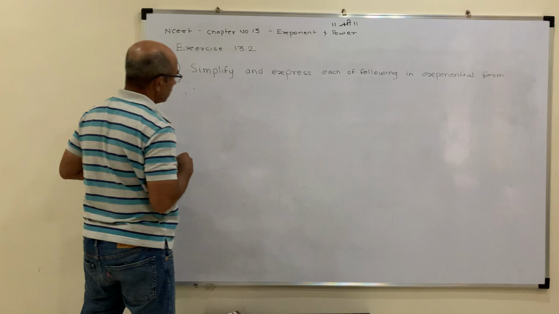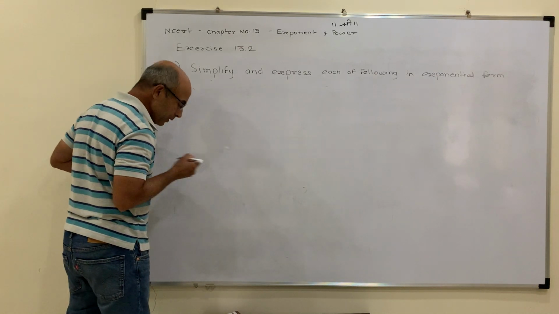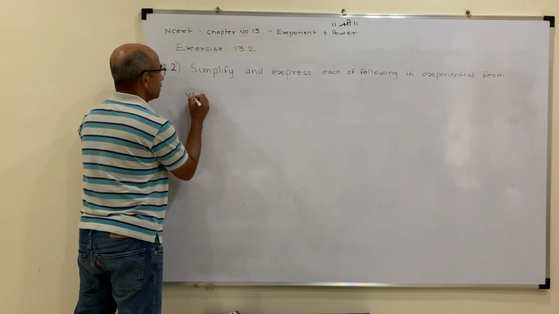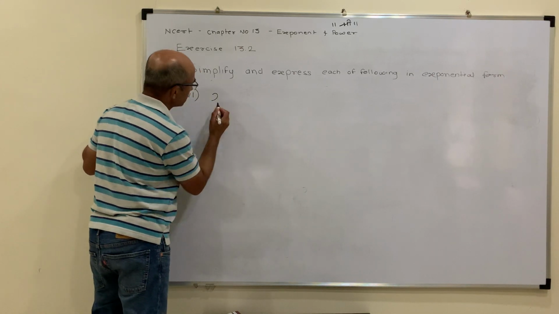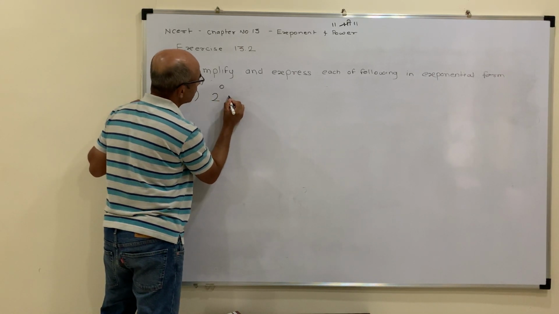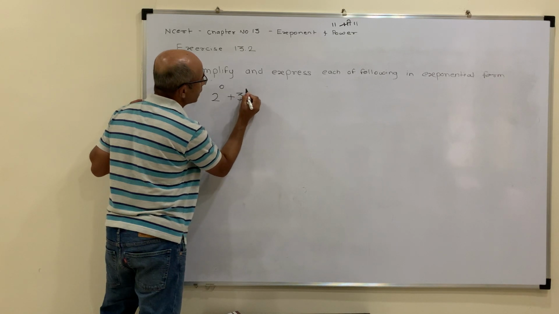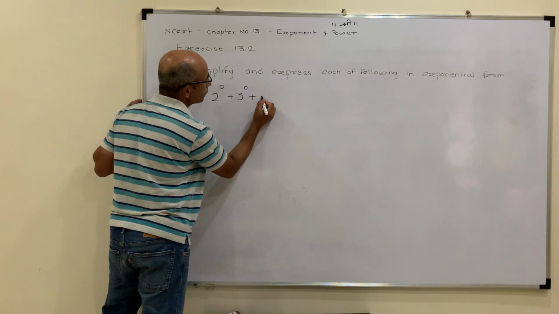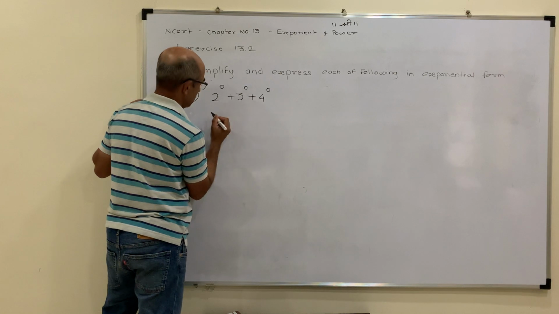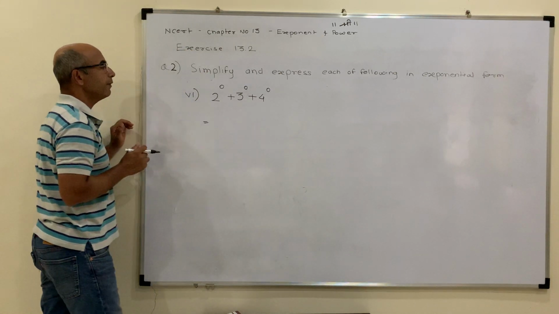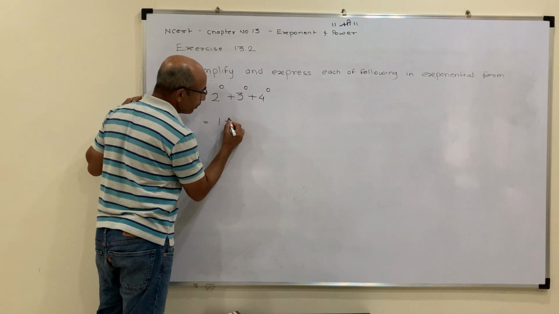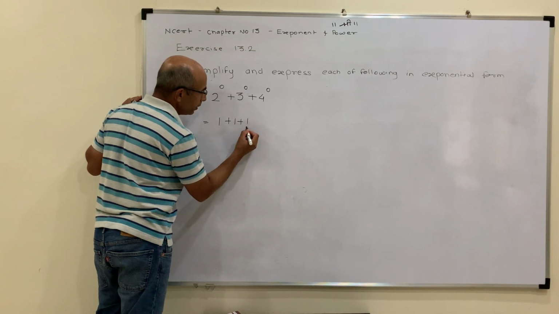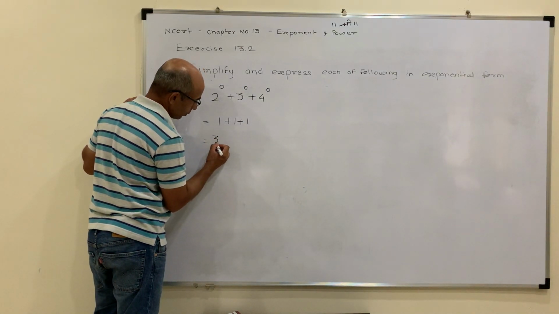Now anything raised to 0 is 1. So 1 plus 1 plus 1 comes out to be 3.